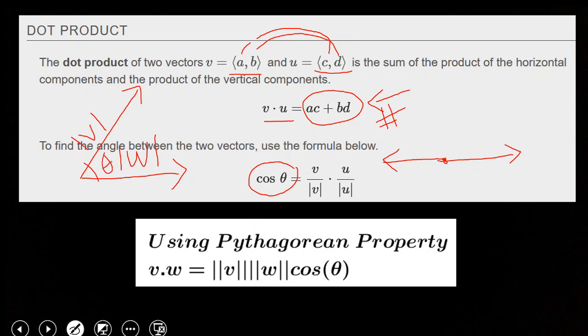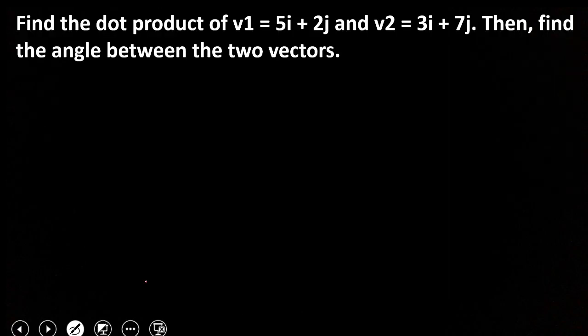So v dot w, you can think of it as this operation: cosine theta times the absolute value of v times absolute value of w, using the Pythagorean property. So there are two ways to find the dot product of two vectors. So let's do it.